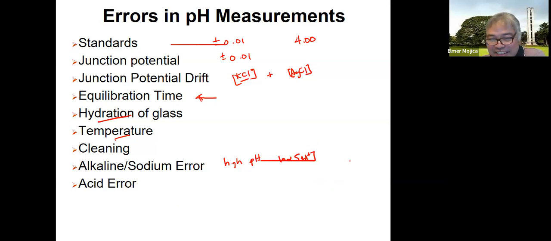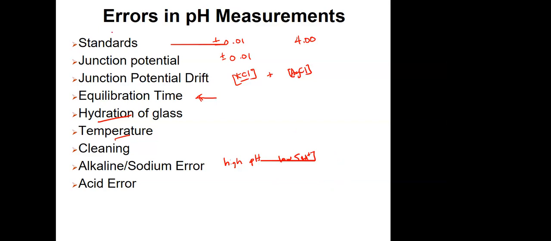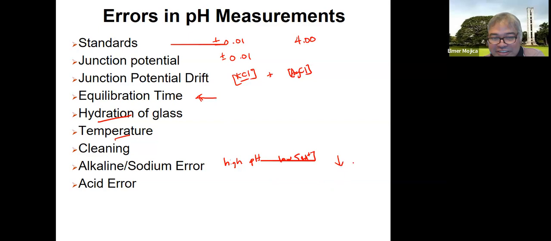Is it lower pH or higher pH than the true pH? Lower po, sir. Okay, so usually it is a lower pH than the true pH. And yung acid error, it will give you a higher pH when it should be low pH.